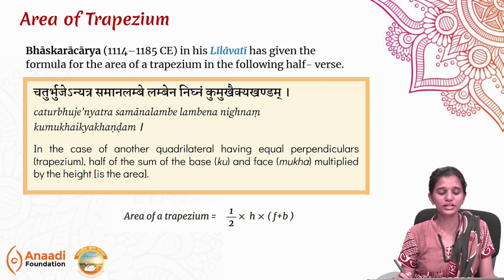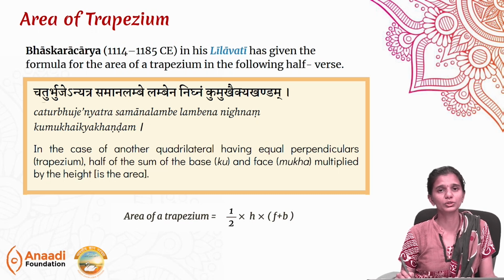Here, Bhaskaracharya gives us the area of a trapezium in half a verse. Let us look at the verse. Chaturbhujenyatra samanalambe lambe nanignam kumukhaikhya khandam.